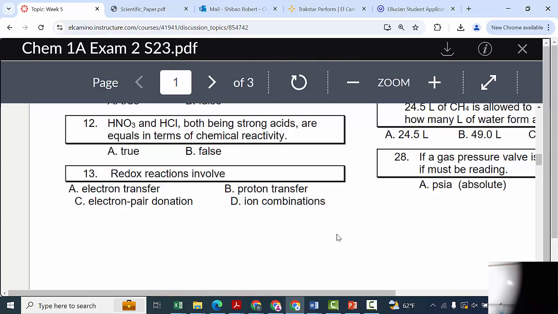And so since nitrates are soluble, it doesn't precipitate off with anything. The only thing is H+ will react with bases. But in that case, both of these have H+, and both of these will react with the same bases. Whereas chloride will at least precipitate with what cations? Silver, lead, and mercury. So it's a little bit more reactive than nitric acid in terms of metathesis.